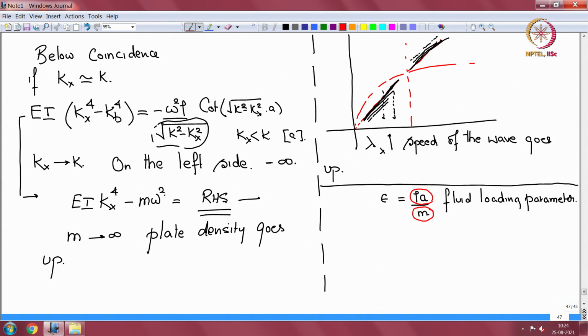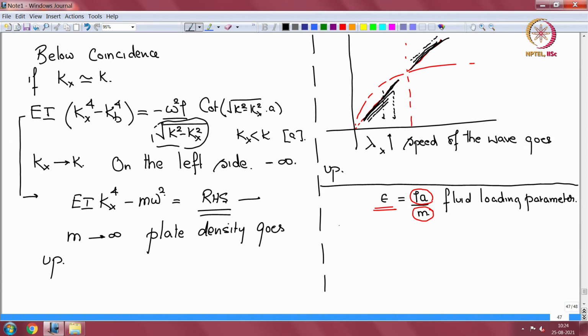Whereas on the other hand, if the fluid density goes up, let's say it's water, and there is some light medium for the wall of the waveguide, then epsilon can go up and the situation reverses. So epsilon is the coupling parameter. I didn't mention this explicitly. Okay, there's one more point I'd like to make.